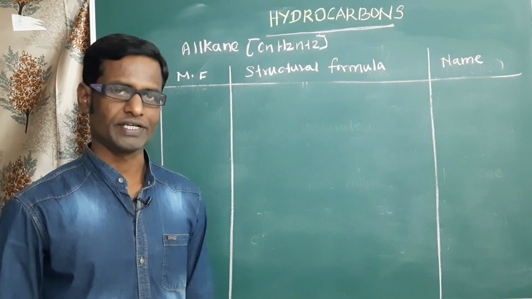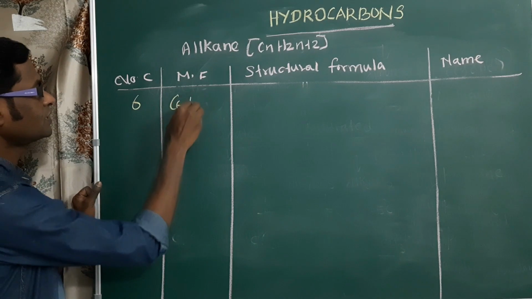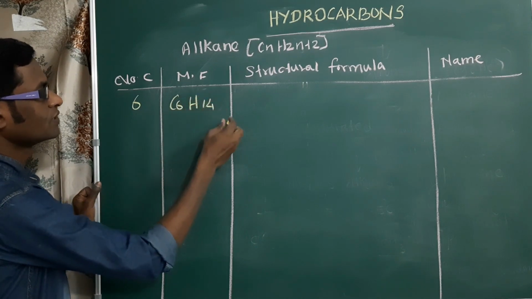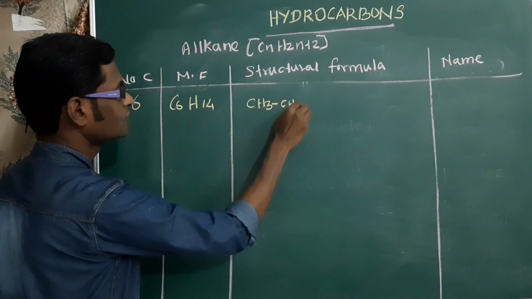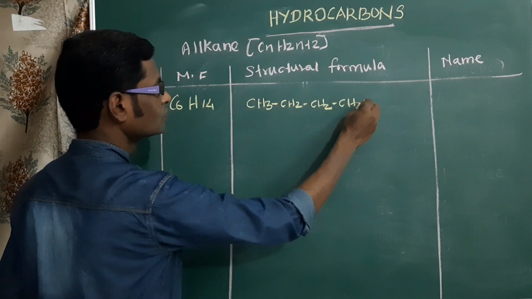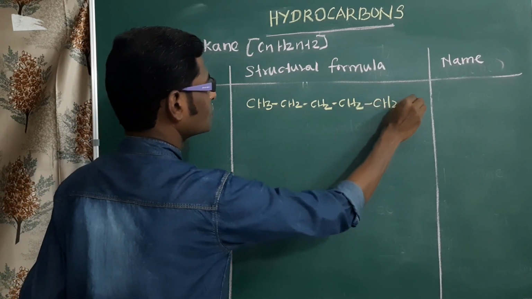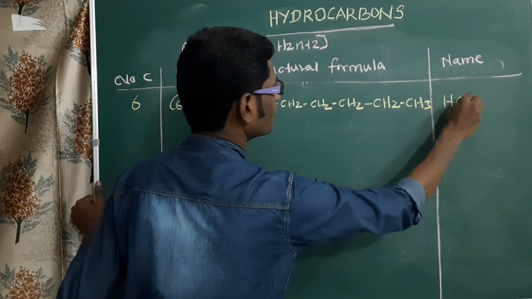Next, carbon number 6, molecular formula C6H14. Structural formula CH3, CH2, CH2, CH2, CH2, CH3. Hexane.